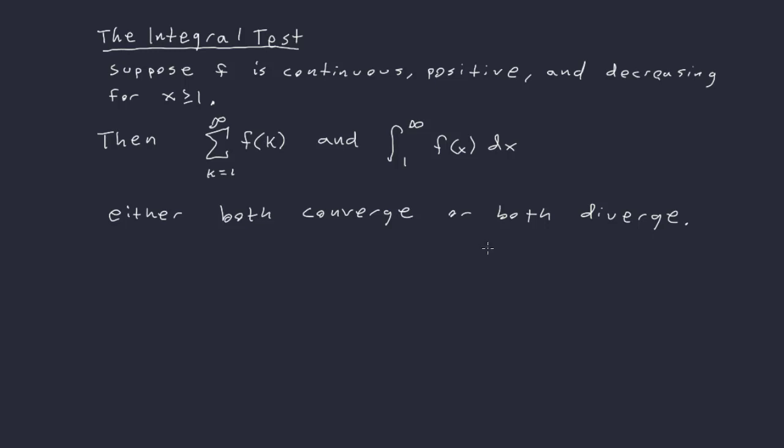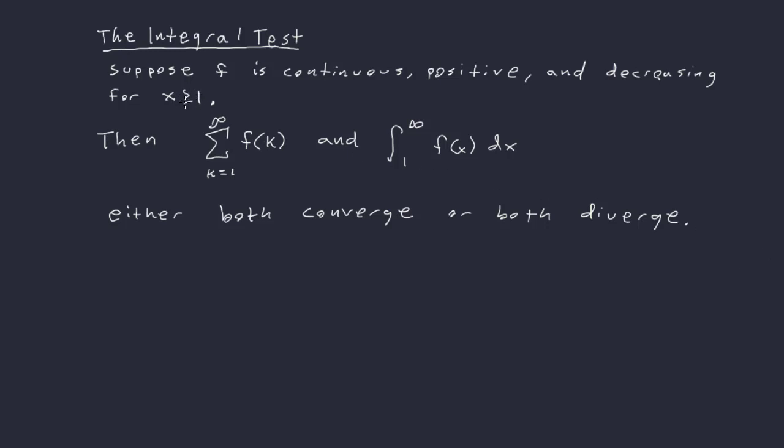All right, so here's what the actual integral test says. And like I said, there's some conditions that you need for this to work. But they're maybe not as strong as you might think. So let's suppose f is continuous, positive, and decreasing for x greater than or equal to 1. And it doesn't have to be 1.